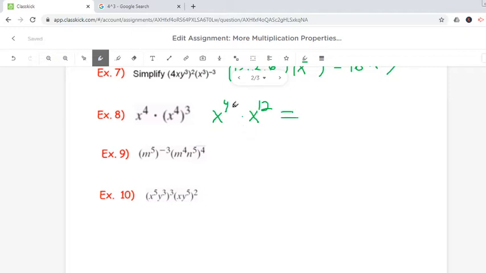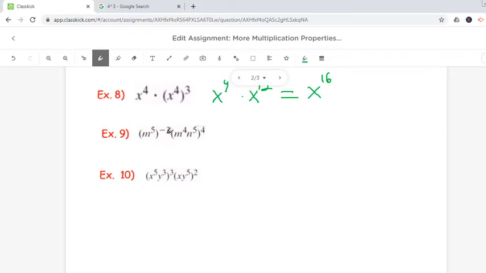Now we can add these numbers together. Because there are no exponents outside the parentheses like that. None here. So we add. So 4 plus 12 is 16.